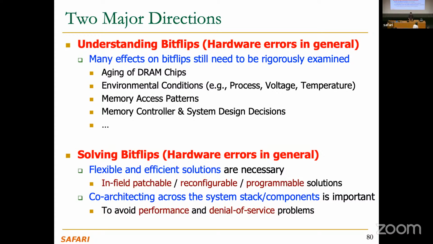Yes, please. Why can't we refresh the victim rows, if we know which ones they are, after we close the initial row? That's the key idea of PARA.